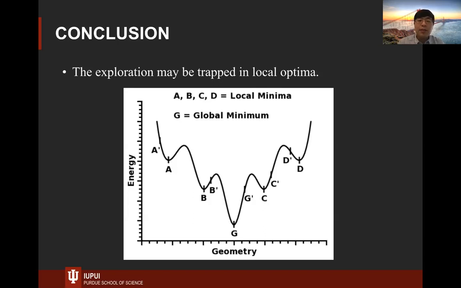For example, for this genetic algorithm, if the stop criteria is reached at the B point, a local minimum, the algorithm will jump out of the while loop. So it's finished, but actually it didn't go to the global minimum.